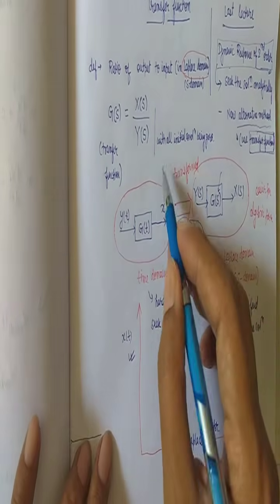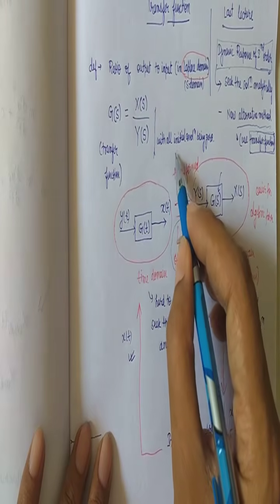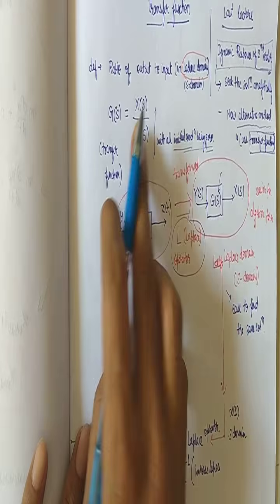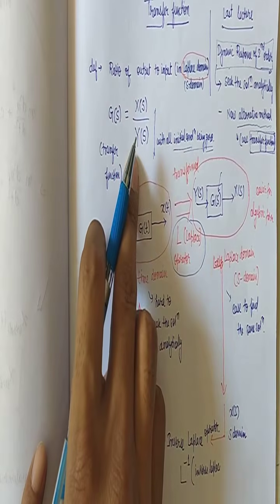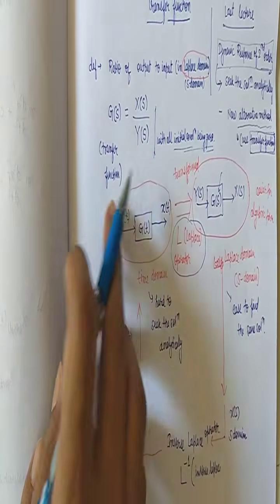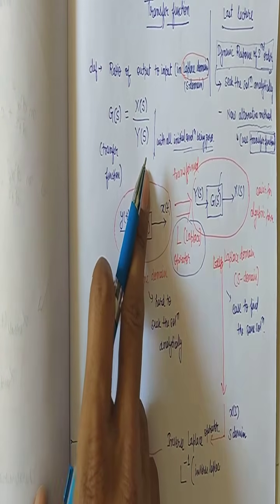You start the system with all initial conditions being 0, and then if you take the output by input, whatever ratio you get will be the transfer function of your system, but in S domain.